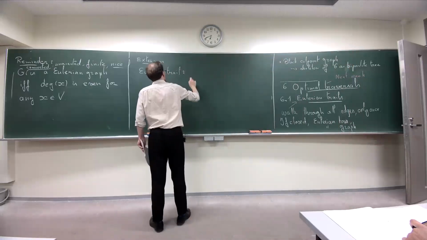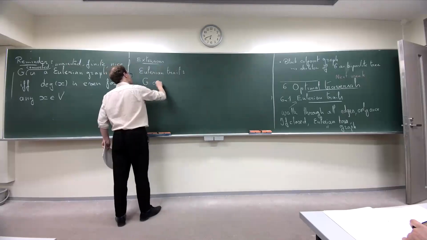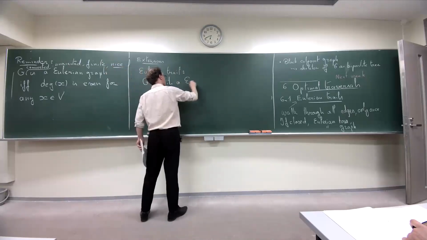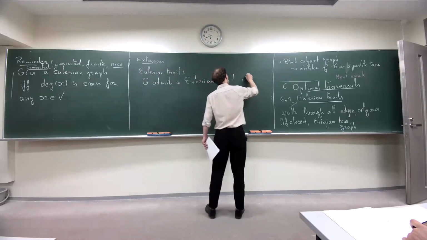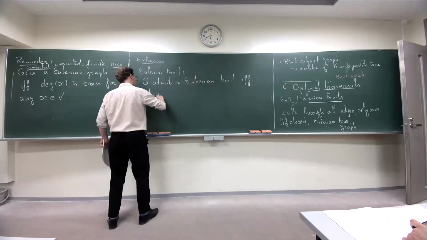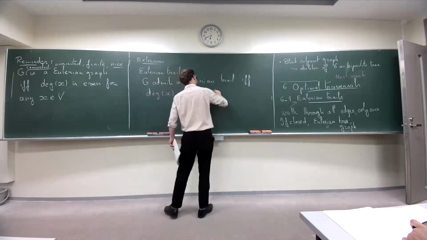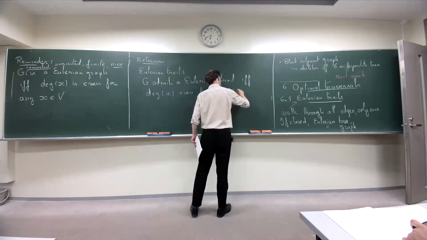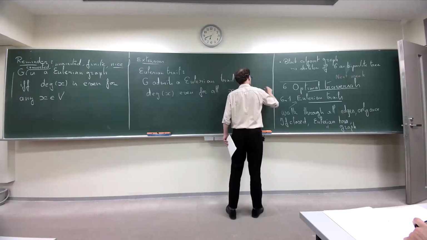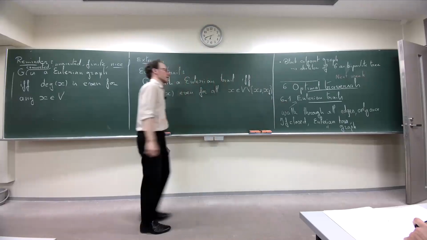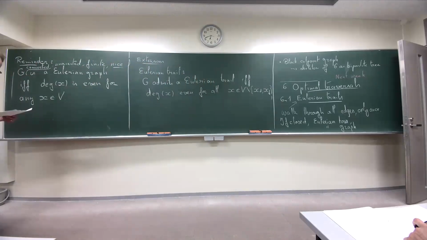Now, only 2 vertices are odd. Yes. G admits a Eulerian trail if and only if, first, the degree of x is even for all x in V minus 2 vertices, which I just call x_D and x_F, for departure and final, which means these two can have odd degrees.